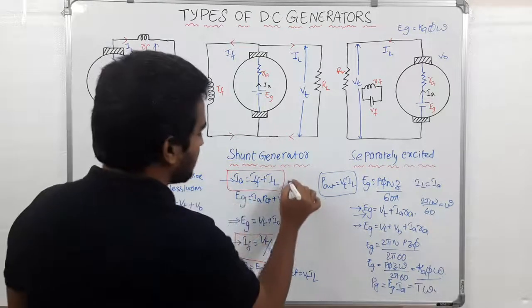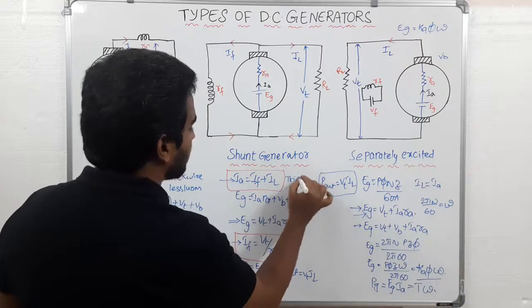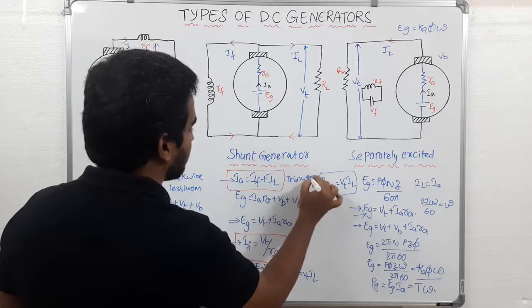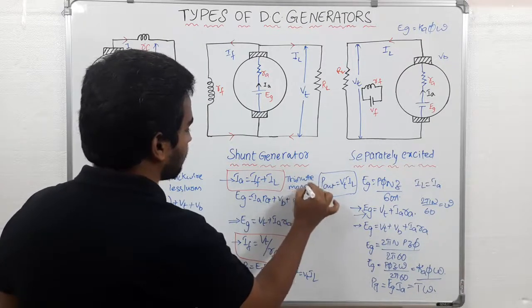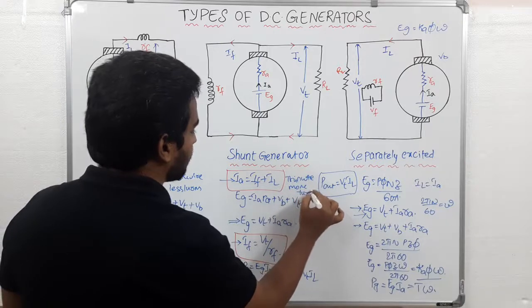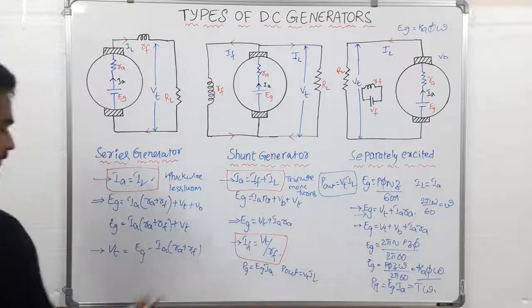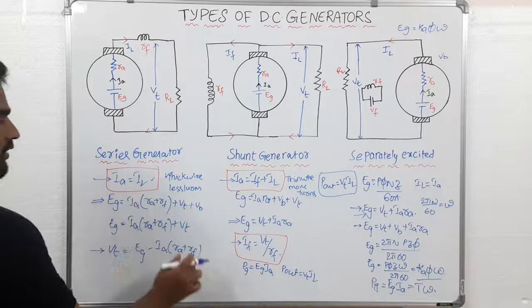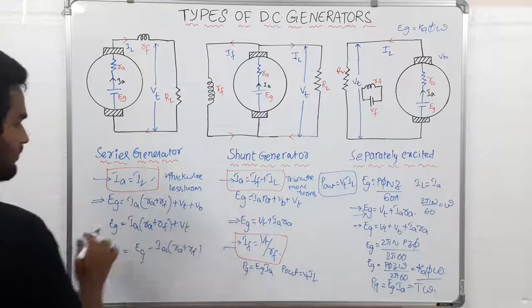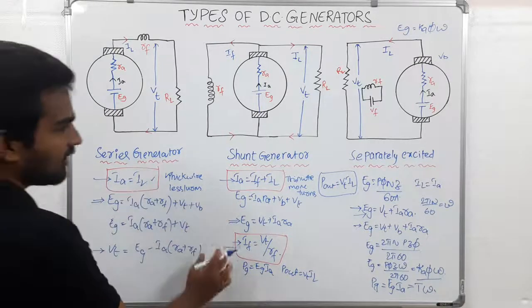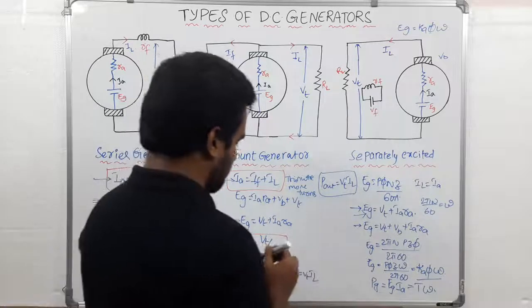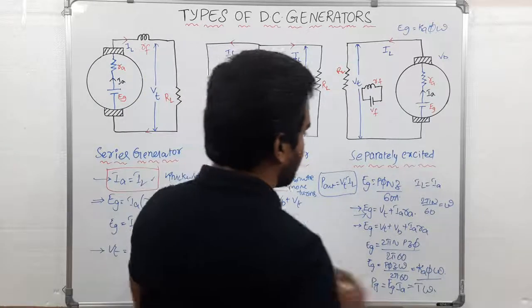This is unlike the shunt field, which is thin wire with more number of turns. The current equations are very important. Here also, the current equation is IL equals Ia.